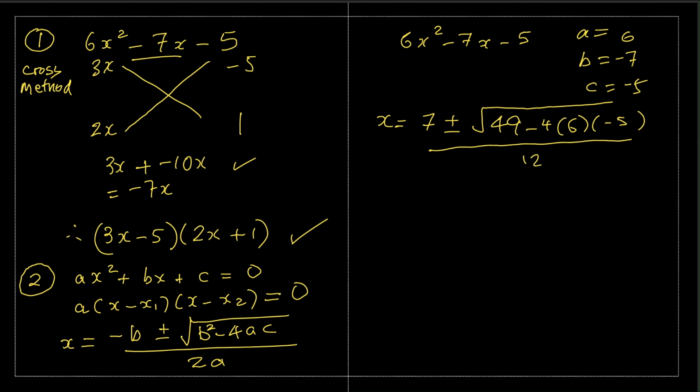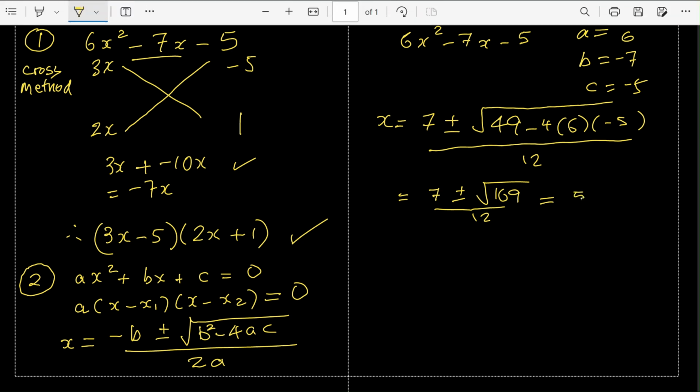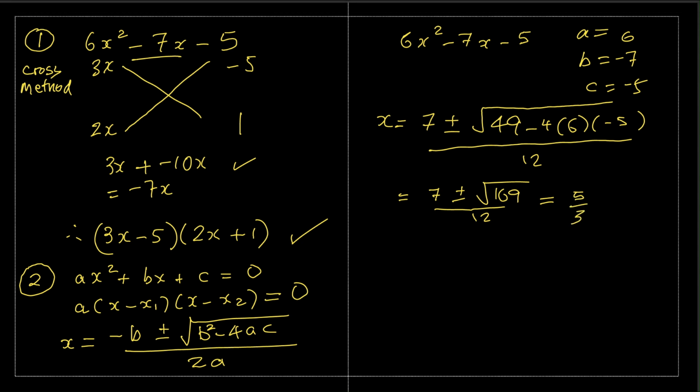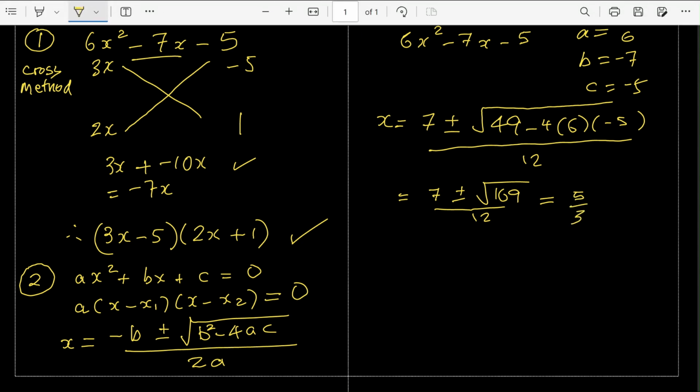A is 6, so that's 12. That gives you 7 plus or minus root 169 all over 12. You've got to trust me on this one, I assume you can do the math as well. You will get 5 over 3 and minus a half.